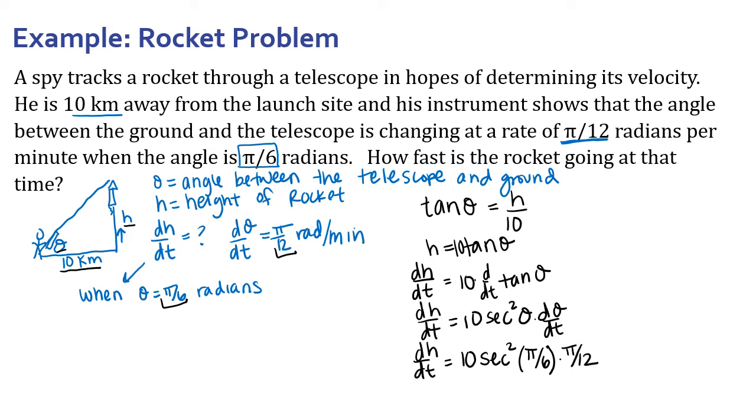So when I simplify that out, I end up getting that dh dt is equivalent to 10 pi over 9 kilometers per minute. So this means that the rocket is going at a rate of 10 pi over 9 kilometers per minute when the spy's telescope is at an angle of pi over 6 radians.